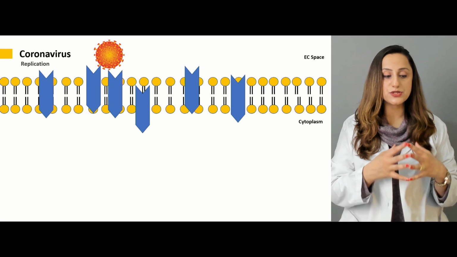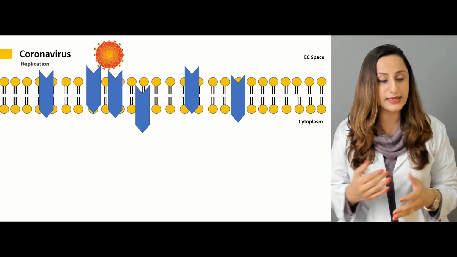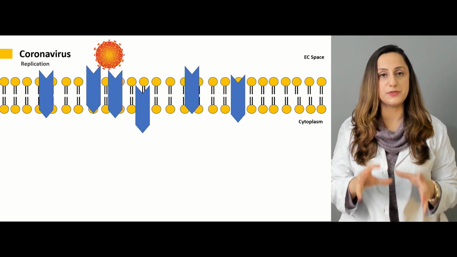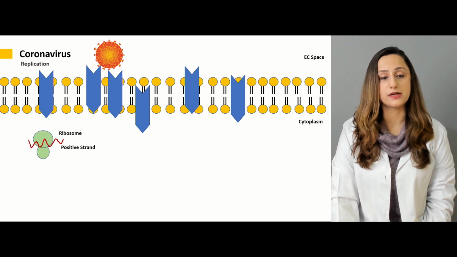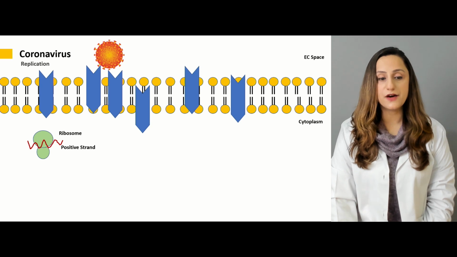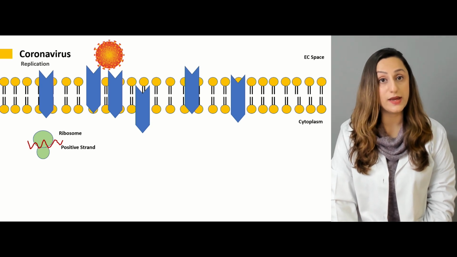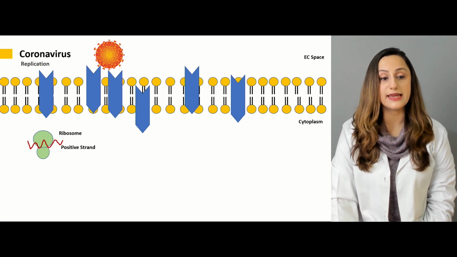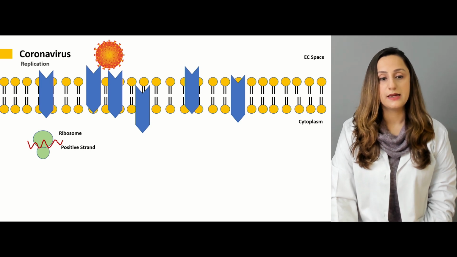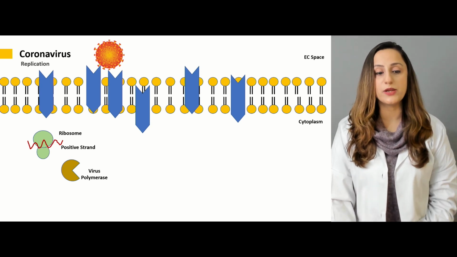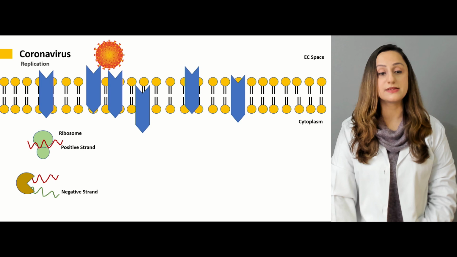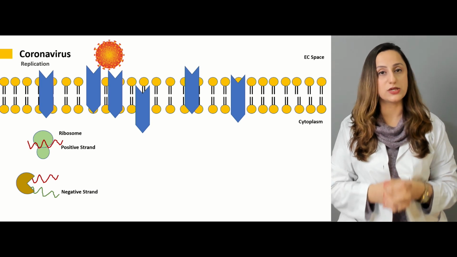First of all, it is going to synthesize both the genomic and the subgenomic RNA species over here. These are the basic two methods. We're going to have the positive strand as well as the negative strand. The virus polymerase comes into action, and there is a negative strand as well as a positive strand.